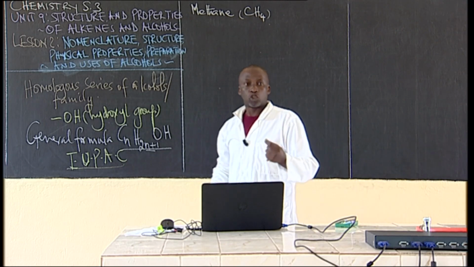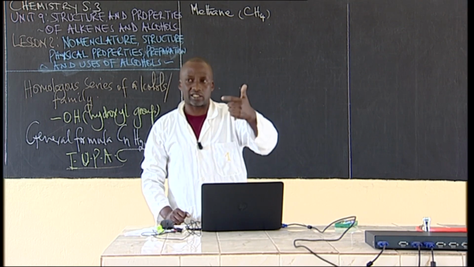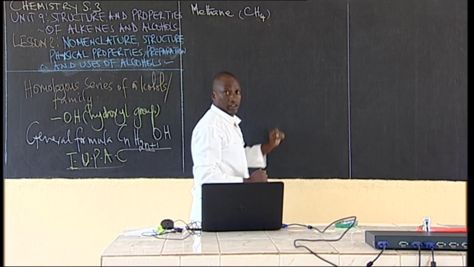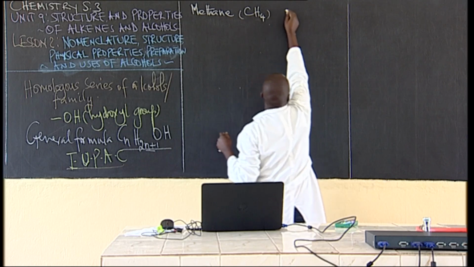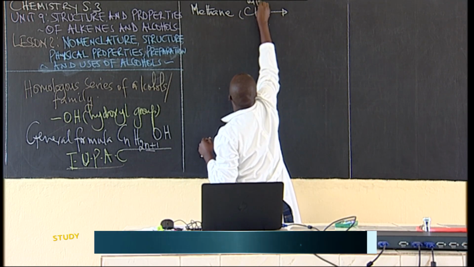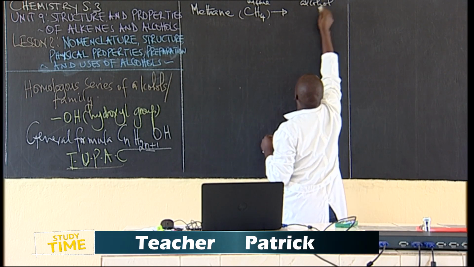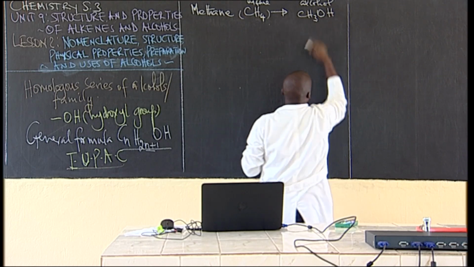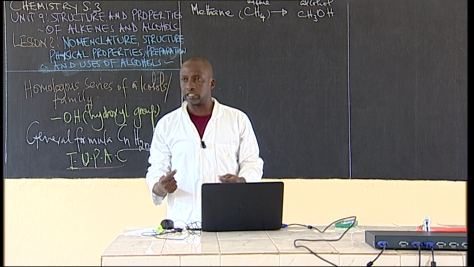When one hydrogen is replaced by OH, you remove one hydrogen and replace it with OH. So this is an alkane, and then you have the alcohol. This one becomes CH3OH. That is how they are derived from alkanes.